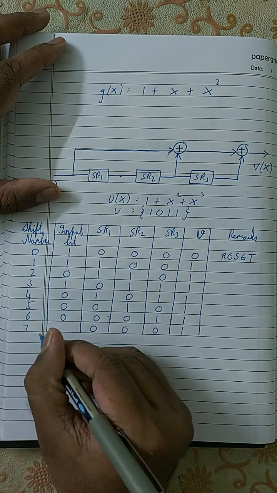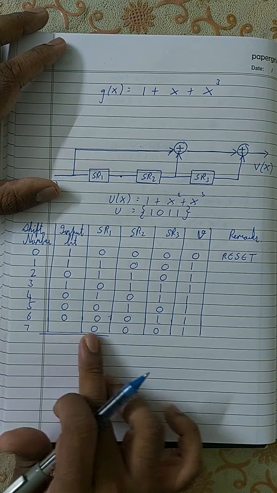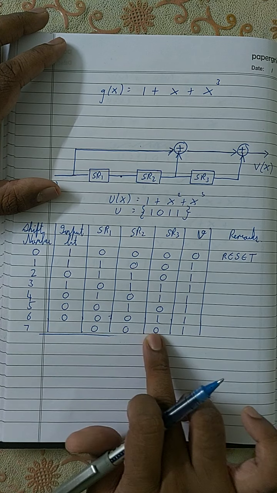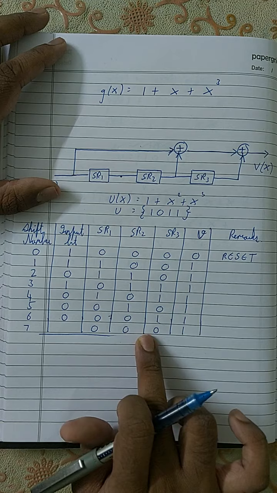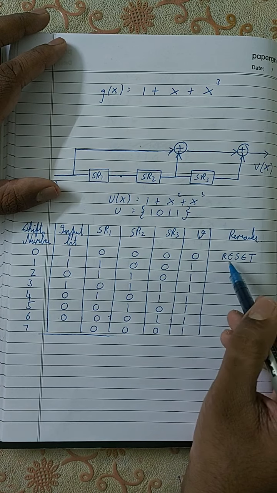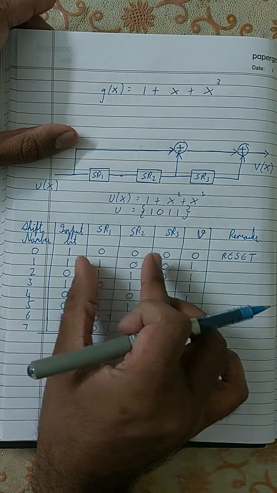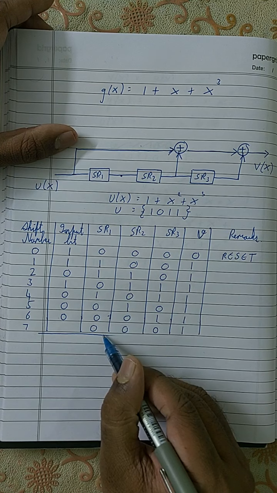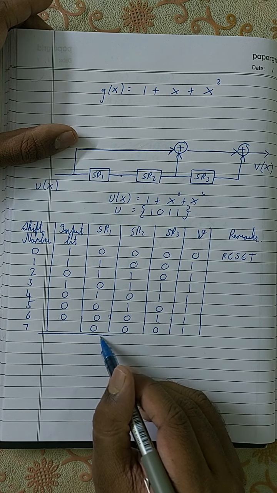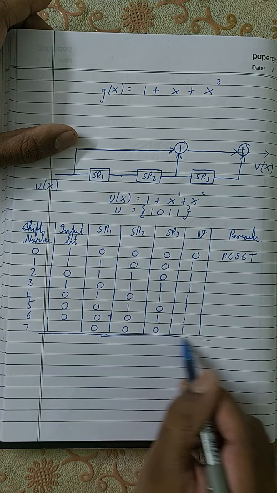That's it. Now no need to send any more zeros because the contents of all the shift registers are all zeros. That is the first starting state. It's called the reset mode or the starting mode. Starting mode means the contents of all the shift registers is 0, which means you have successfully flushed out all the contents of the shift registers.